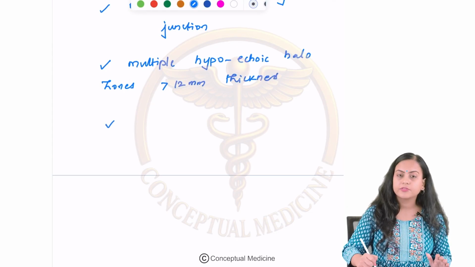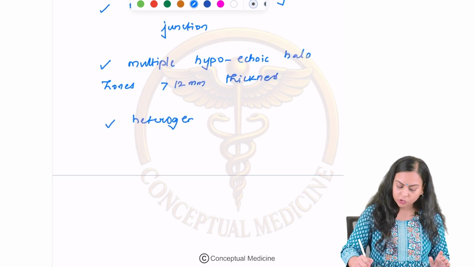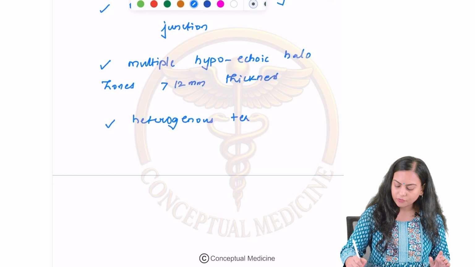Okay, and definitely as we have seen in adenomyosis, there can be heterogeneous texture of the endometrium as well.